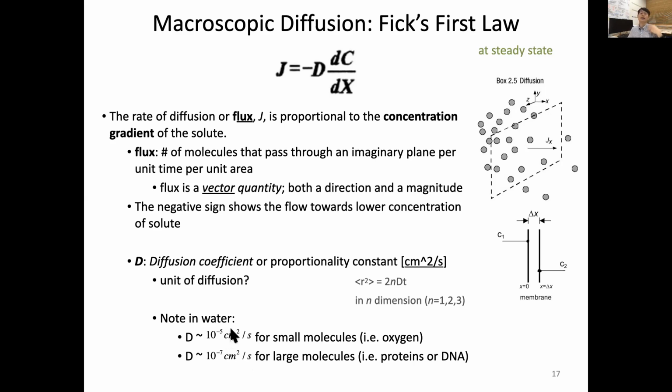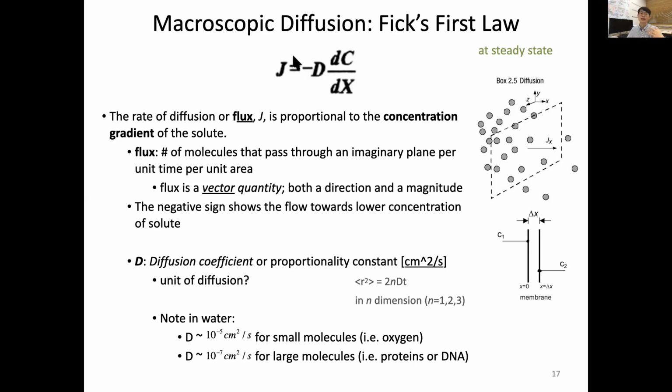If the particles are bigger, such as proteins or DNA, larger molecules have a much harder time diffusing, so it is 10 to the minus 7 centimeters squared per second. So this equation says the flux is proportional to the concentration gradient dC over dx, with the proportionality constant D, the diffusion coefficient, and the minus sign stands for the flux happening from high to lower concentration.